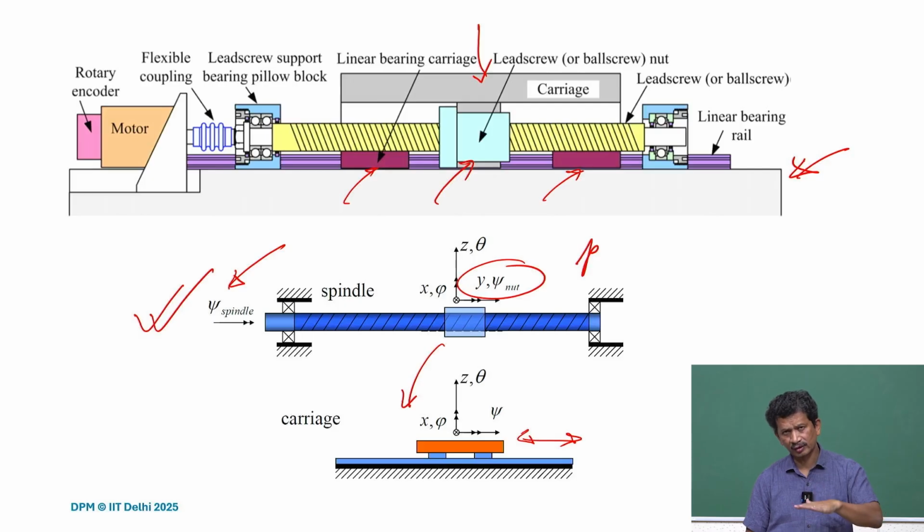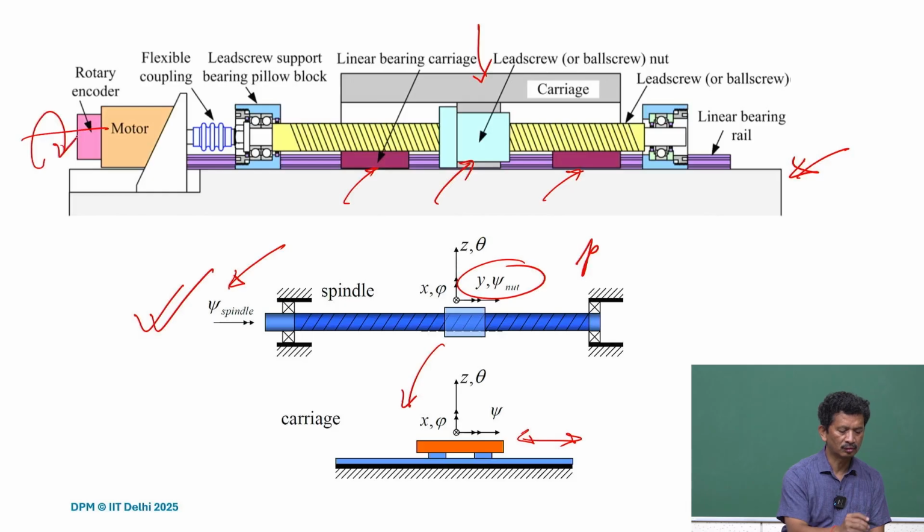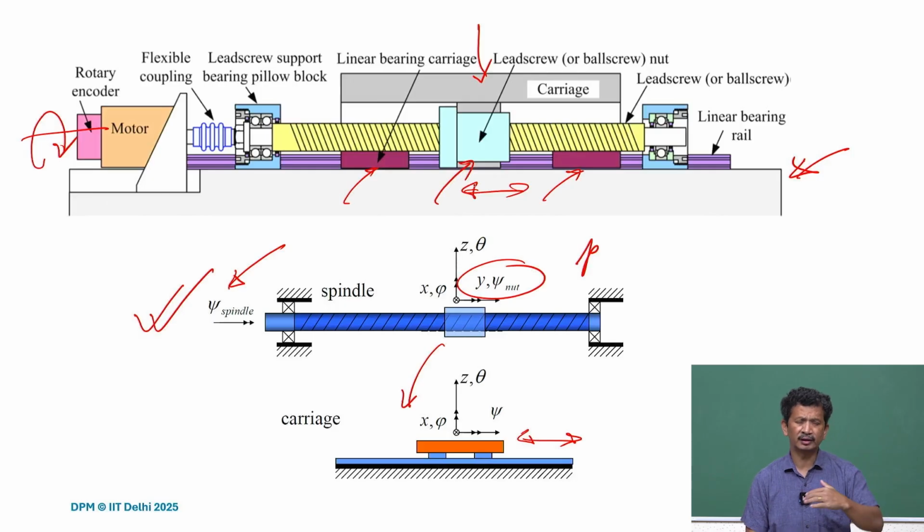And since it's constrained, when we turn the motor, it will start moving back and forth, and it can give a very good resolution and precision as well. Of course, for precision, we have to look at some other aspects. So this is how it works.